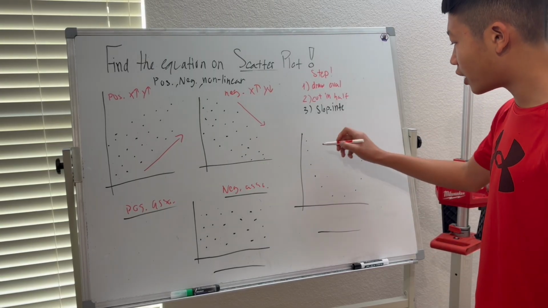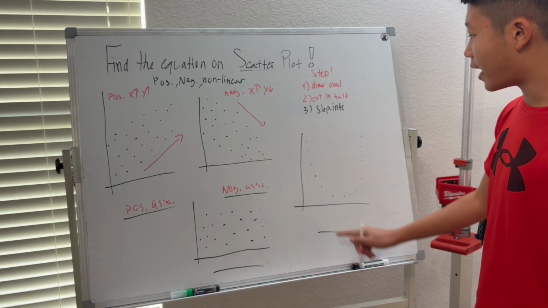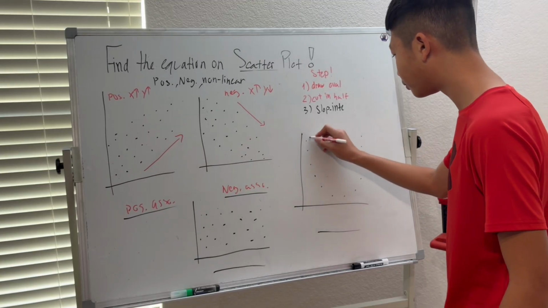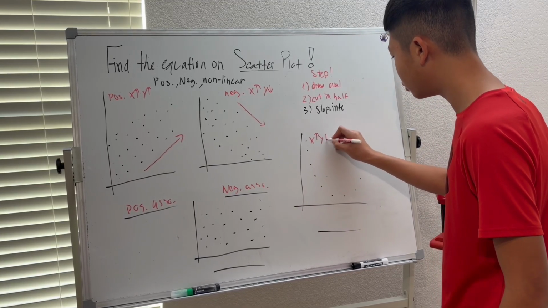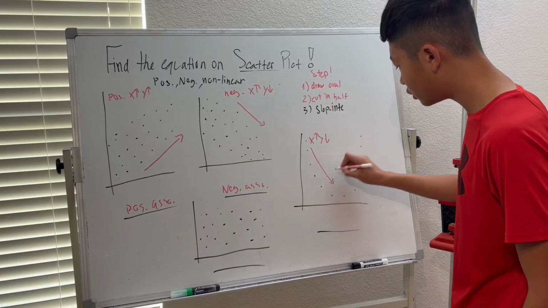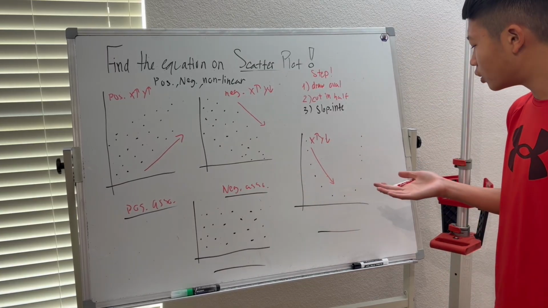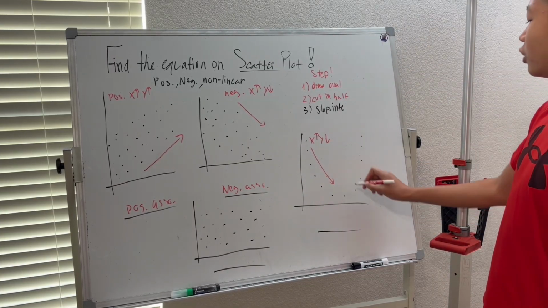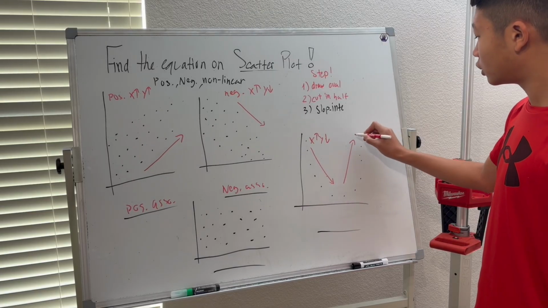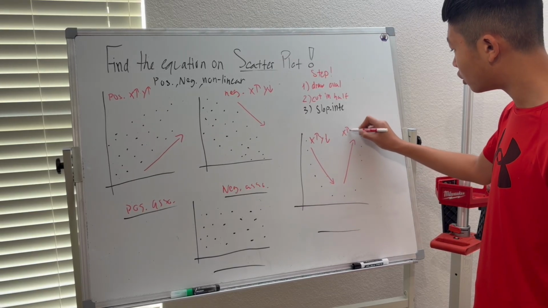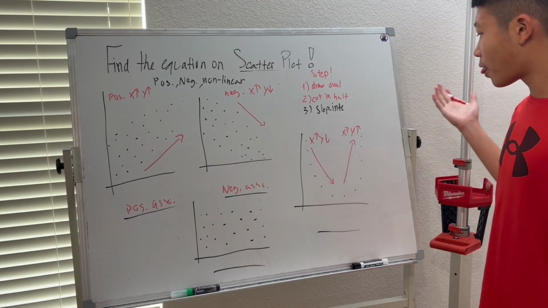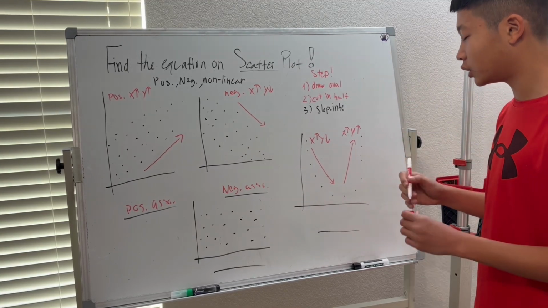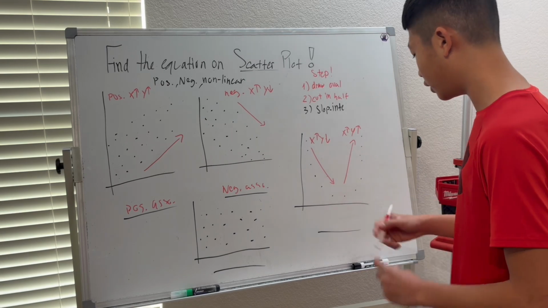And this one right here looks kind of tricky. So now in this graph, as x increases, y decreases. So yeah, this is negative, right? But wait, it increases. So as x increases, y increases as well. Well, we have this type of situation. This is called nonlinear.